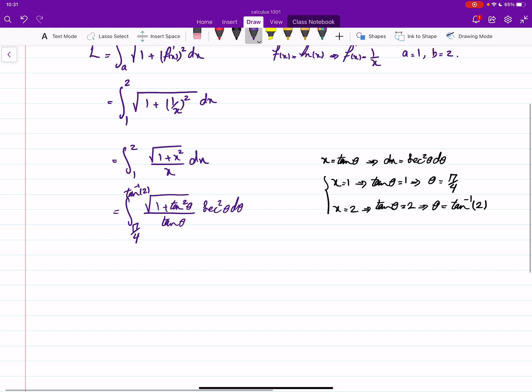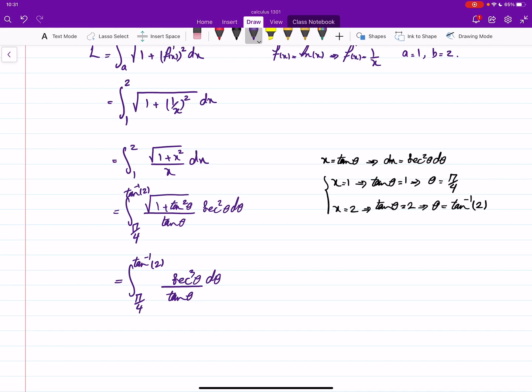Let's now apply the simplifications. From pi over 4 to tan inverse of 2, the square root of secant squared is the absolute value of secant, but since in this interval it is positive, we can get rid of the absolute value, and this is what we have.